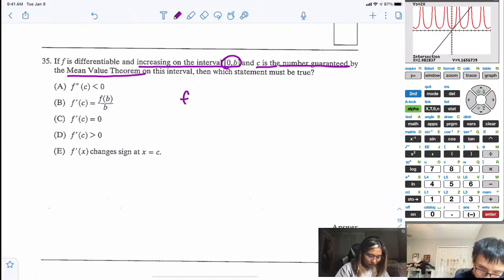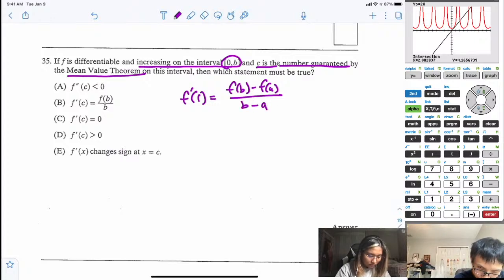So let's write out the mean value theorem. And I'm going to explain the mean value theorem again, hopefully so you understand it graphically. Remember they say 0 to b. So 0 is acting as my a, right?